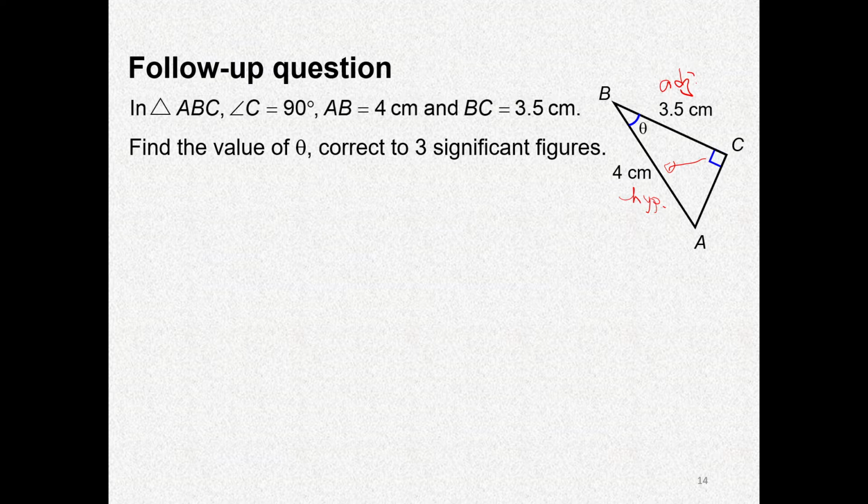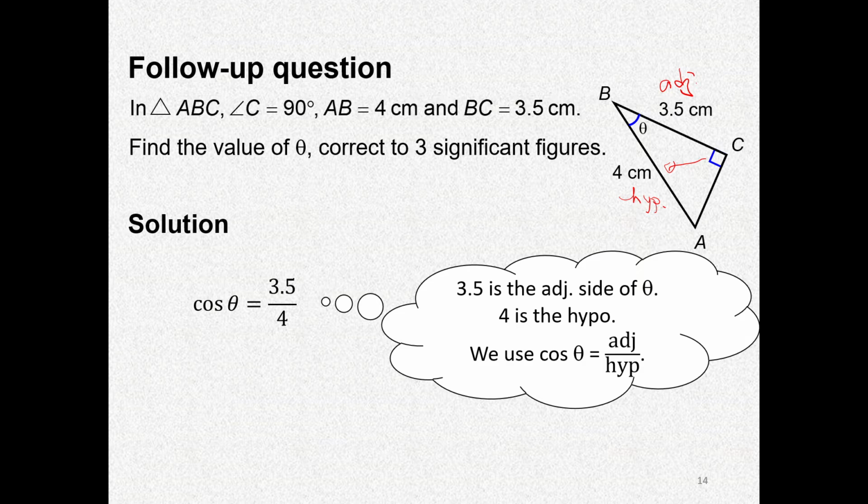So this is the hypotenuse. So how can we relate the adjacent side and the hypotenuse? Should we use sine again? No, right? In this case, we need to use the cosine. Cosine equals adjacent side over hypotenuse. So that means 3.5 over 4. So by using our calculator, theta will be 29.0 degrees.